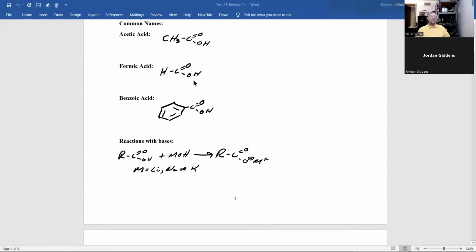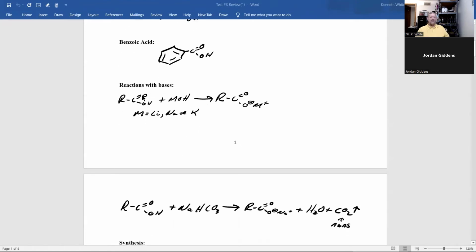Now, when R is H, that's formic acid. That water heated up is the defensive weapon of the fire ant. When R is a benzene ring, the people at IUPAC said, wow, these organic chemists have been calling that benzoic acid for eons. We can't change them, so we'll call it benzoic acid too.